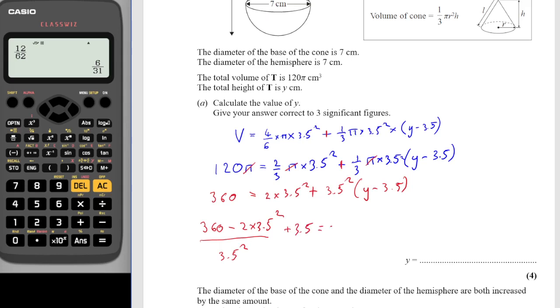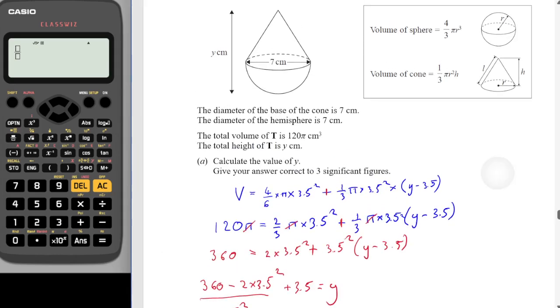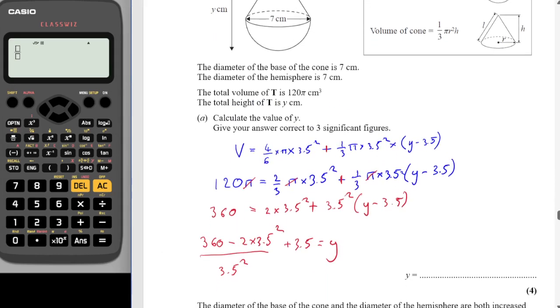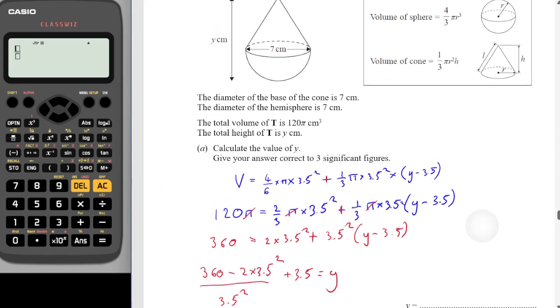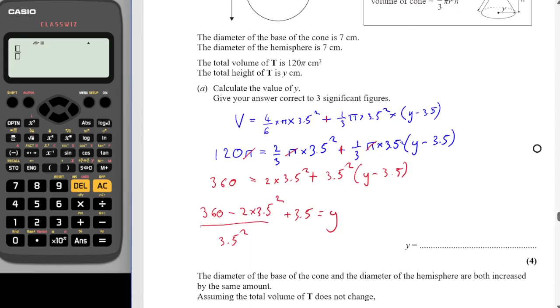That should give me y if I've done everything correct there. So let's try that and let's just think about what a sensible value would be. Well, it looks like it will be bigger than 3.5. So 360 minus 2 times 3.5 cubed, divided by 3.5 squared, and from that I need to plus 3.5.